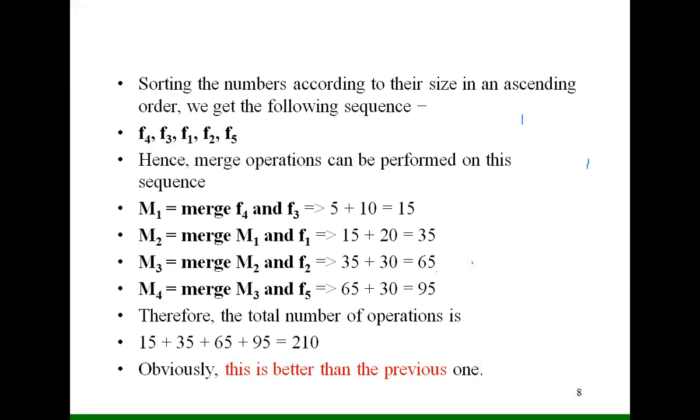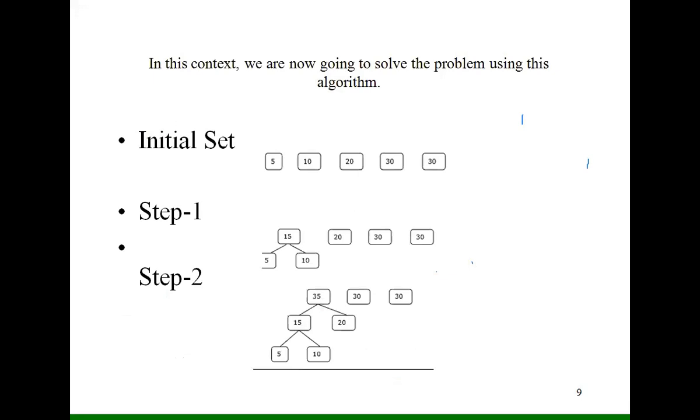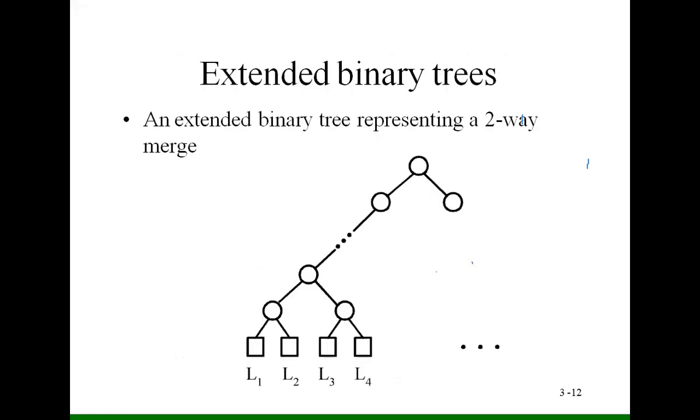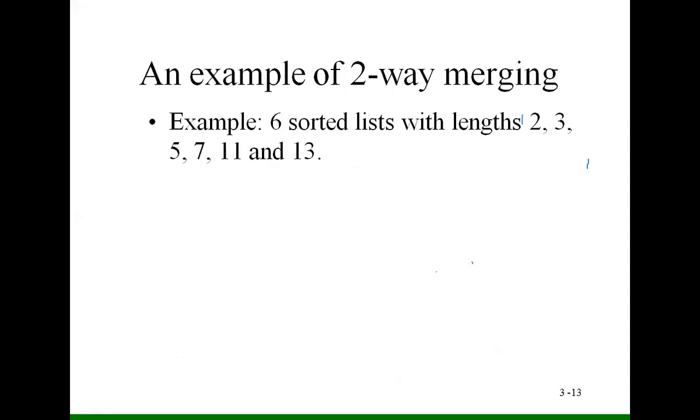It costs 210. That is the minimum cost merging tree. Another example is also considered using the tree structure in a diagrammatic way. Extended binary trees are an application of our optimal merging patterns.